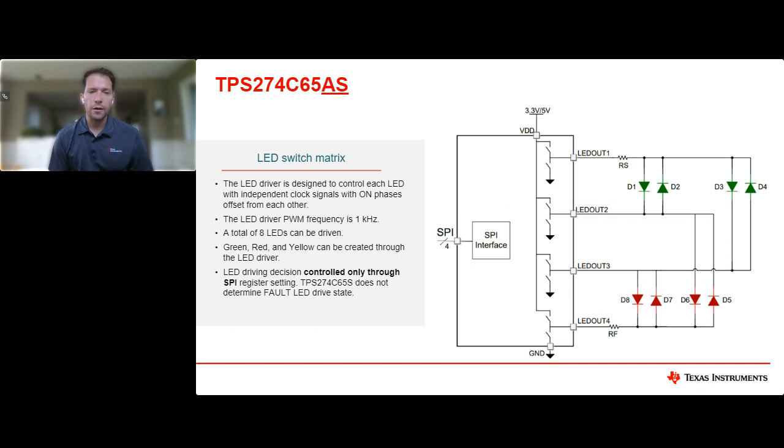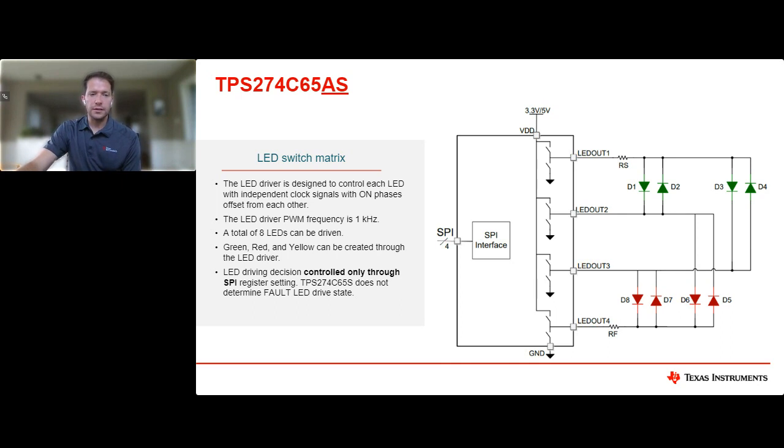Now, going over to talk a little bit about the LED matrix. The TPS274C65 AS version has an integrated switch matrix. With just 4 pins, the device can switch up to 8 different LEDs.